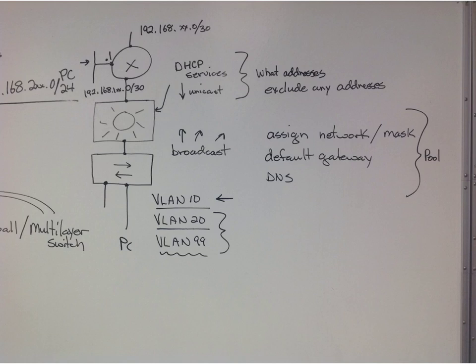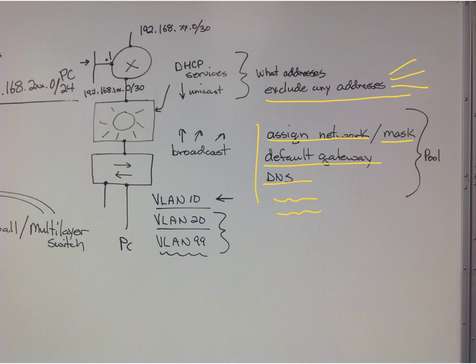So, here we are, same scenario. We exclude addresses we don't need, and that would be like for printers, maybe servers, and your default routes. Inside the DHCP, we're going to assign a network and a mask, default gateway, DNS, and we can actually domain name and lease.